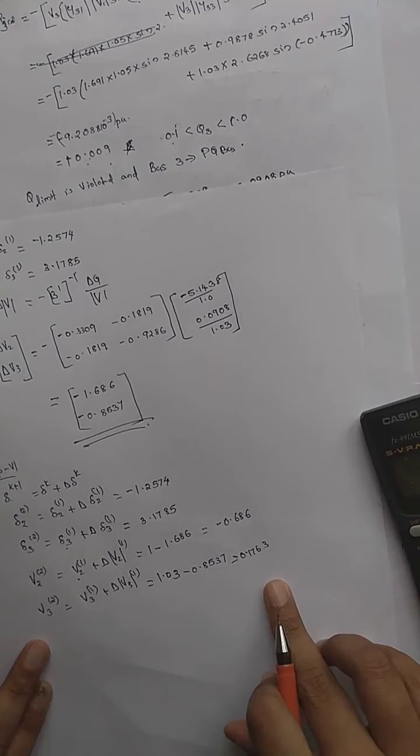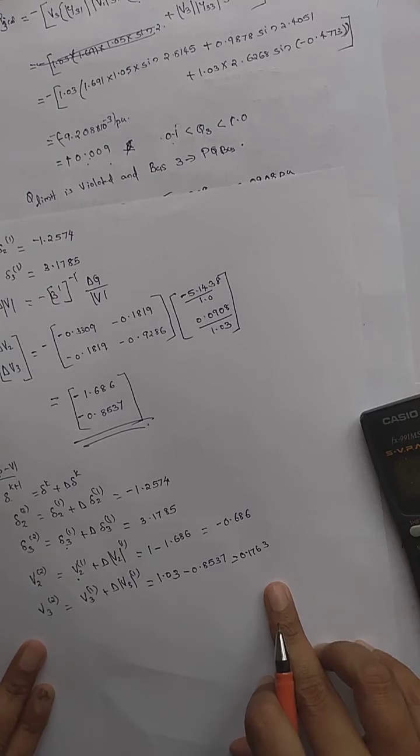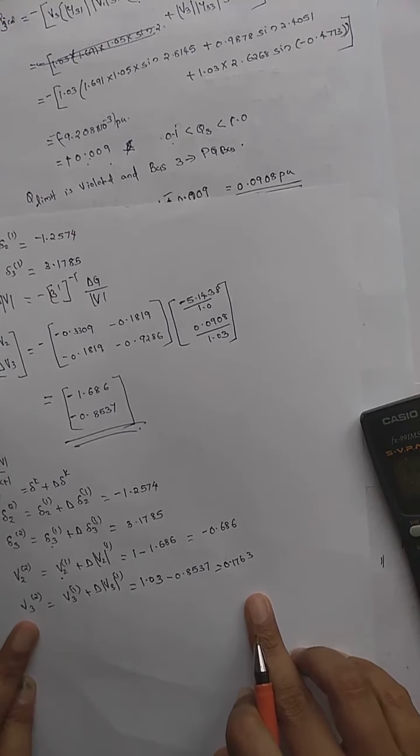This is the voltage value for the second iteration.